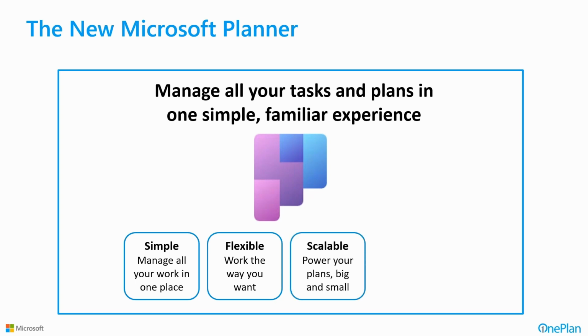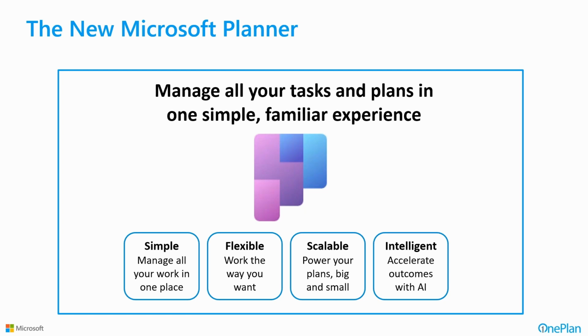Up to you. Scalable, be able to pull all those things together, both your bigger plans, say in Project for the Web, and maybe your smaller plans in Planner, bring them all together into one tool. And then intelligent, as we're going to see here in a little bit, Microsoft's foray into artificial intelligence. You've probably seen a lot of their advertising and messaging around Copilot and how it's going to permeate all through the Microsoft ecosystem.